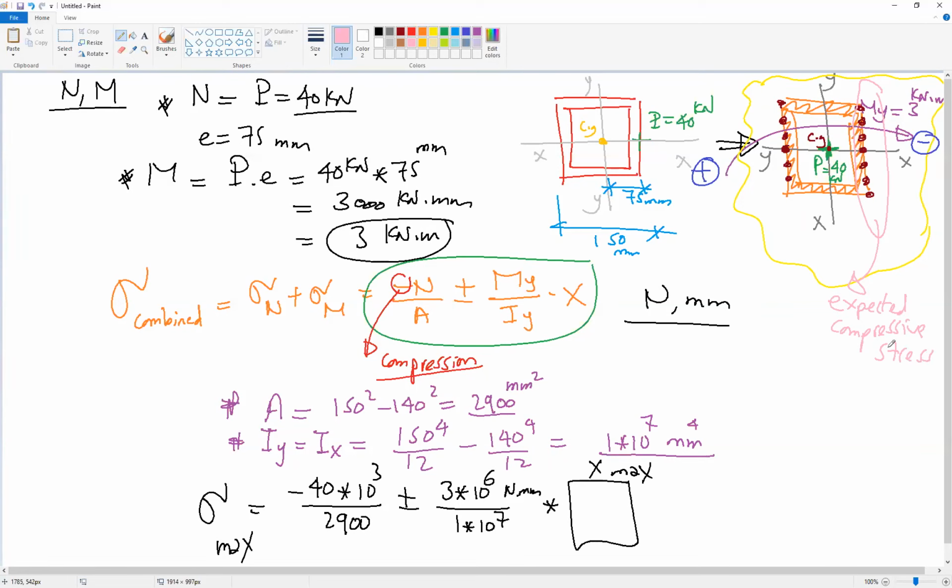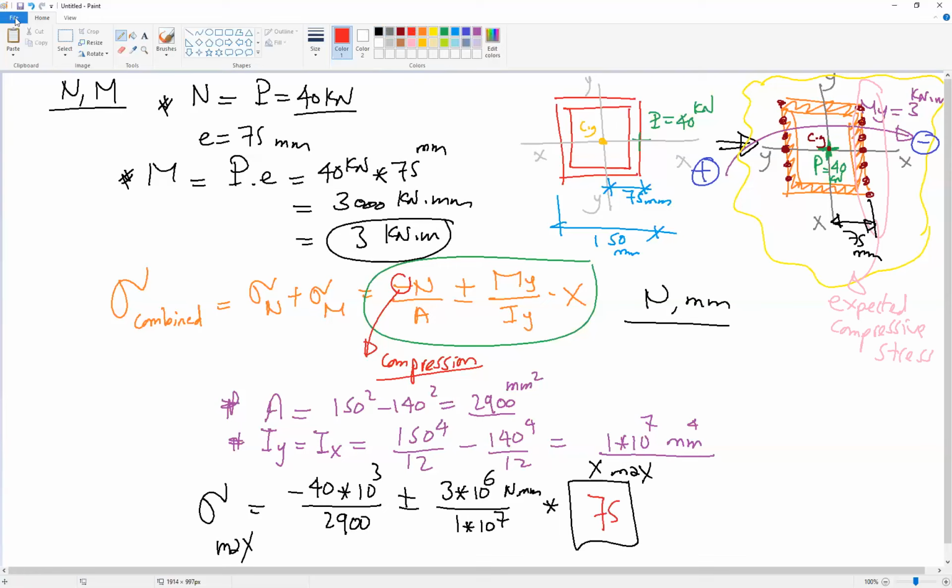So X will be the distance from here to here, which is 75 millimeter. So I will put X as 75 millimeter.